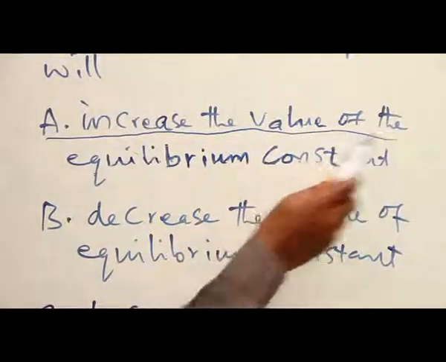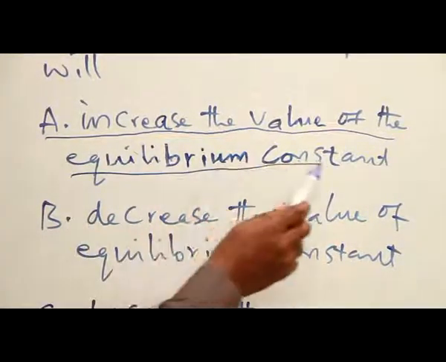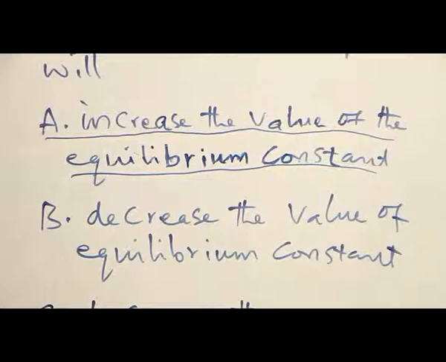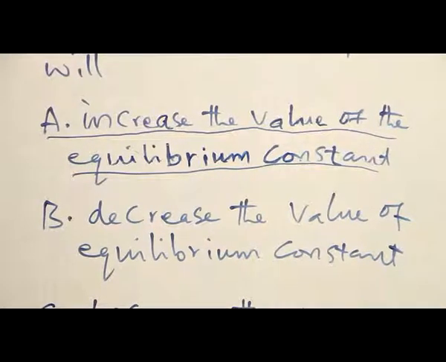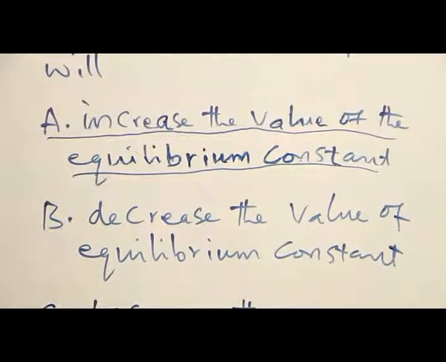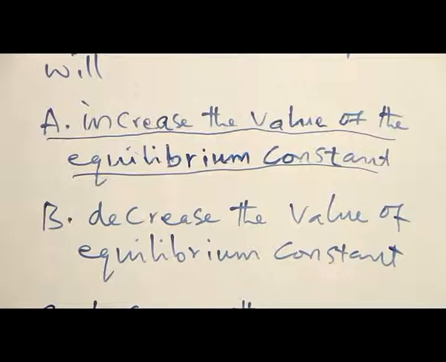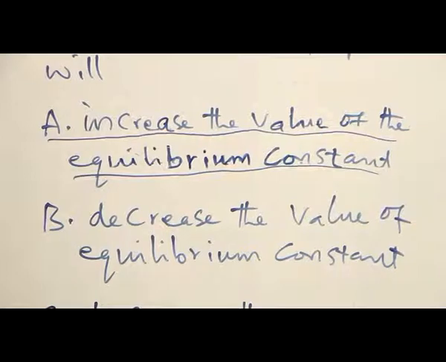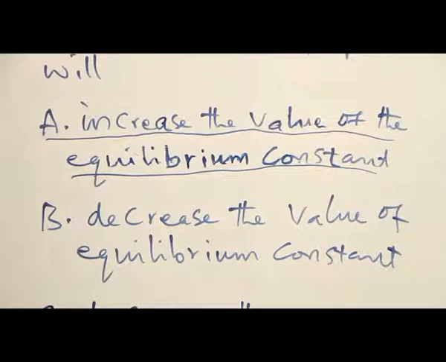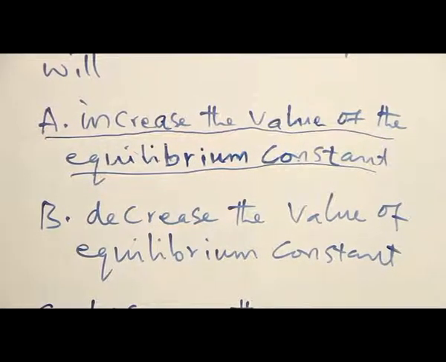Increase in the value of the equilibrium constant. This is because the forward reaction is endothermic, and an increase in temperature favors the forward reaction. Hence, increasing the value of the equilibrium constant.